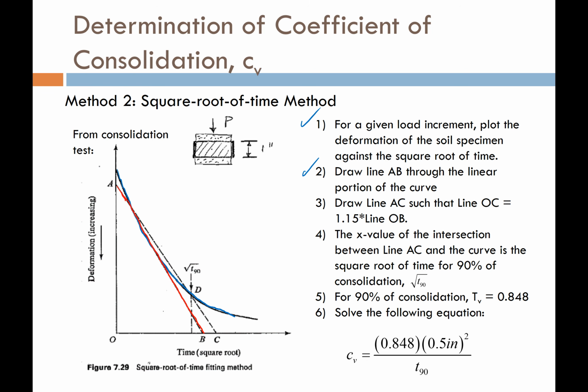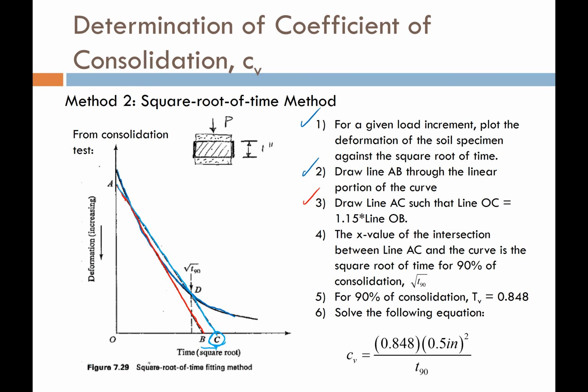Okay, step number 3, we're going to draw a line AC. We're going to draw a line AC such that point C is equal to 1.15 of point B. So in other words, that distance between B and C is just an increase of 15%.